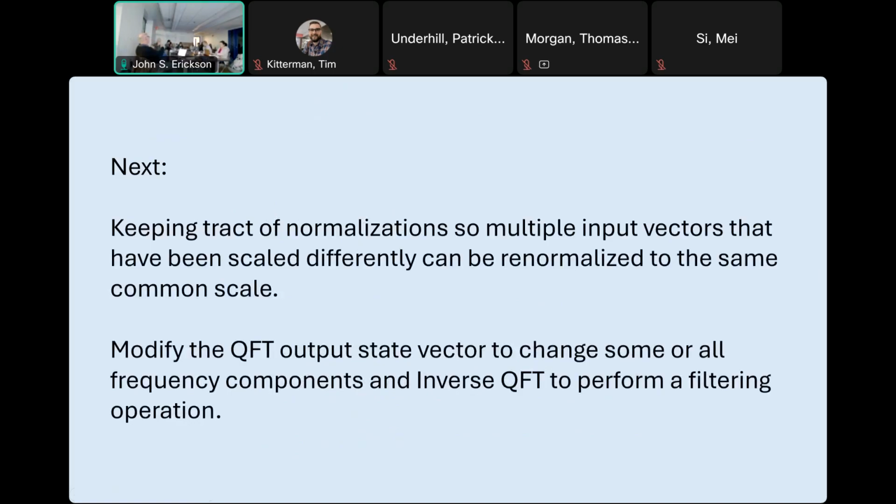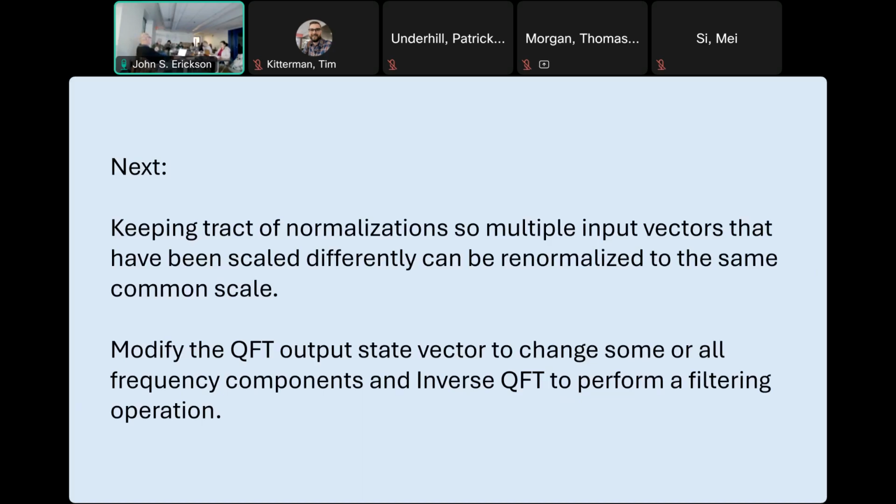You just don't want their DCs to be all different, for instance, so they're all amplitude balanced beforehand. But the numbers are different, so each one is going to normalize a little differently. So if you normalize and do the Fourier transform, the transform results are going to be normalized a little bit differently. With access to the state vector, you know what the normalization was, so you can then undo that. So now you're all balanced equally.